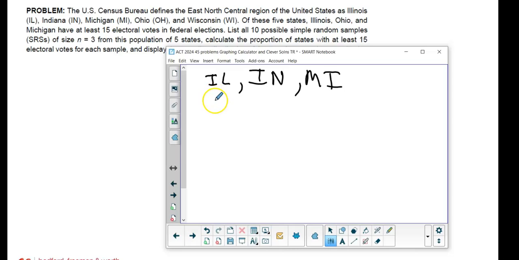Illinois is one of the bigger ones, so it does. Illinois, Ohio, and Michigan. So not all of them. So 2 out of 3 of those randomly selected states have at least 15 electoral votes. And then you would choose another grouping of 3 and figure out how many of those have that.